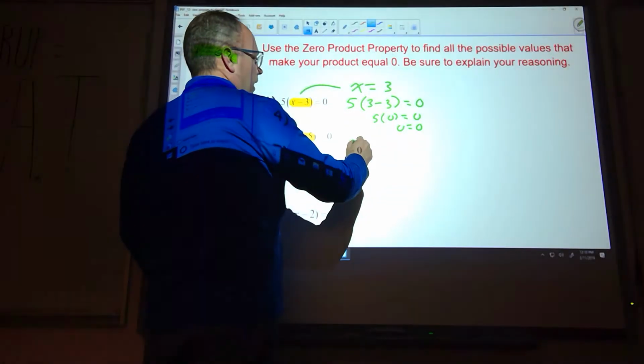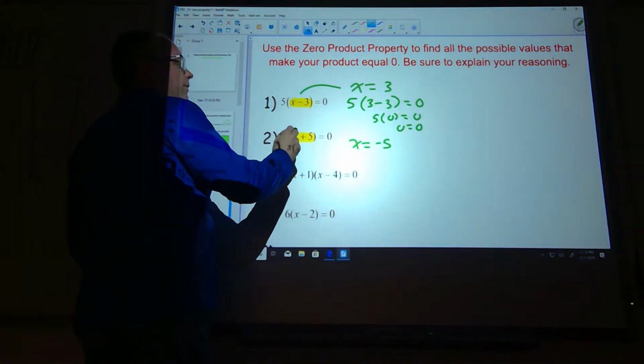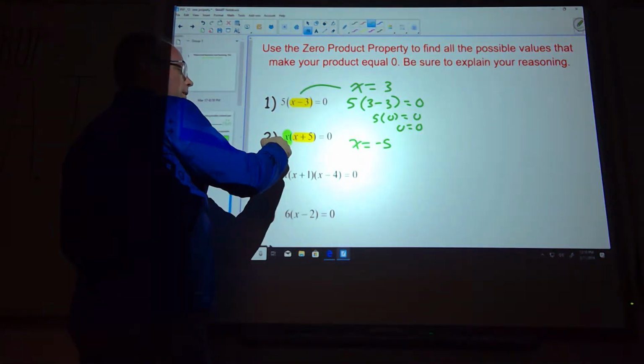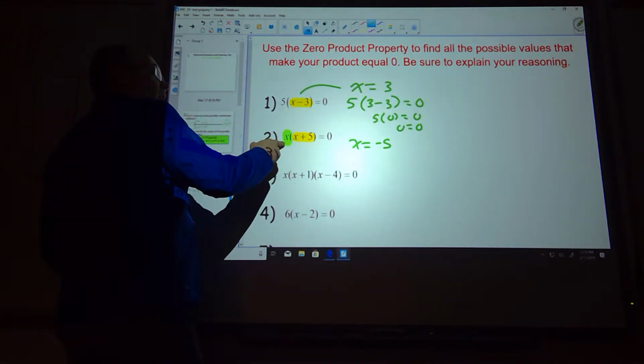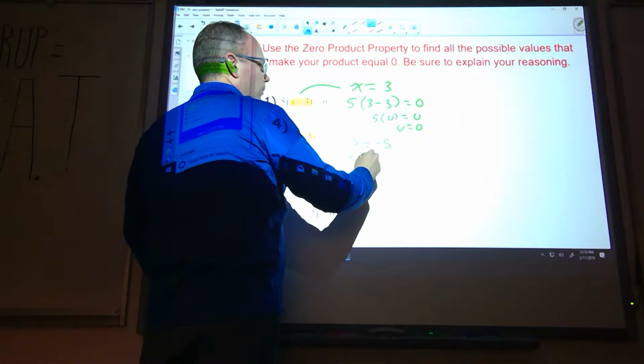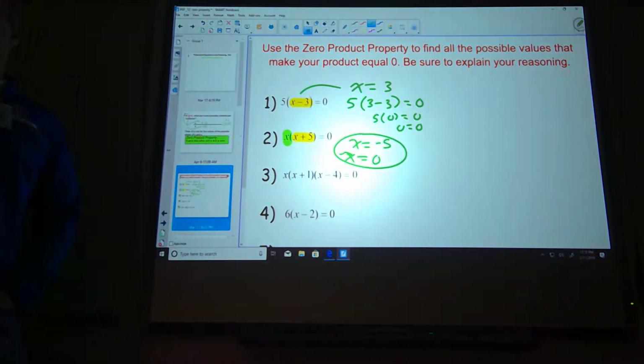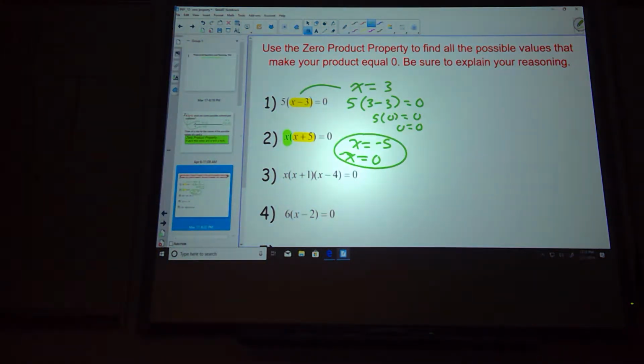So if x is equal to negative 5, I get negative 5 times 0 is 0. What about for this letter here? Ethan, you know this one. Negative 5. No, here's your first answer. 0. 0, there you go. So this one, I have two solutions. There are two different ways to make the whole thing equal to 0.